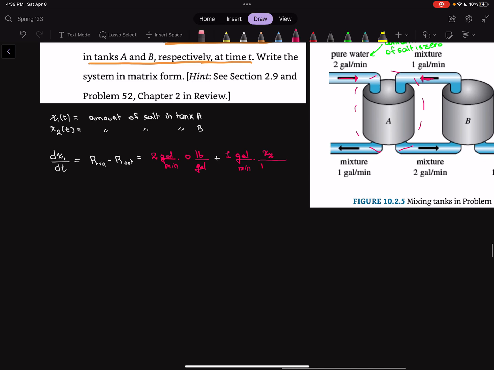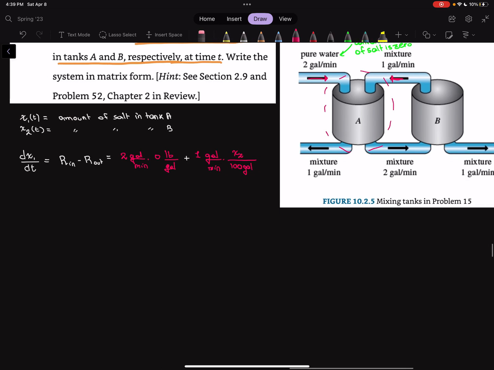So I'm going to divide by 100. But now you might ask, well, how do I know that there's going to be 100 gallons at the specific time of this equation? Or how can I take into account the fact that there's stuff coming in and out that might change the overall amount of water at any one moment?